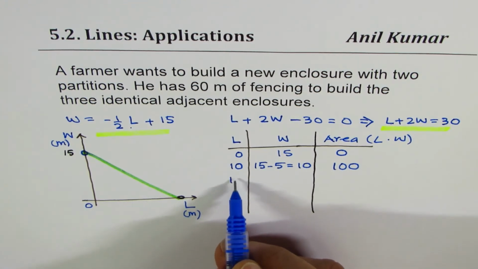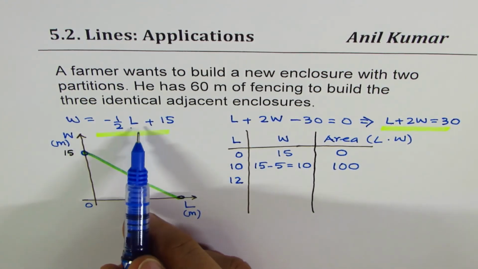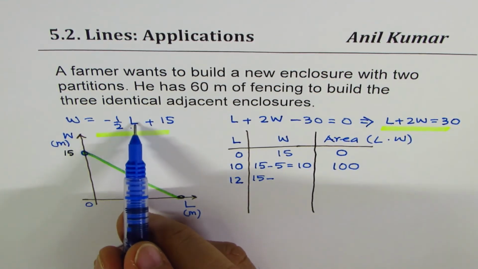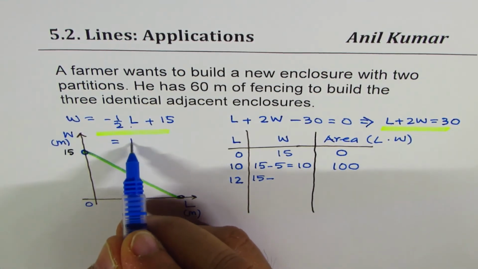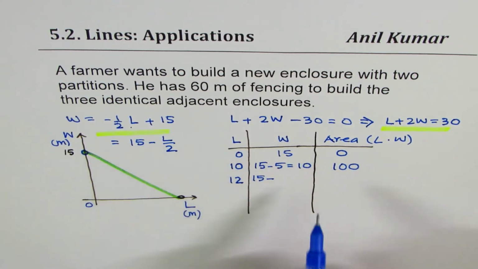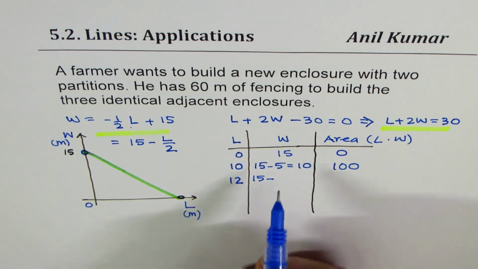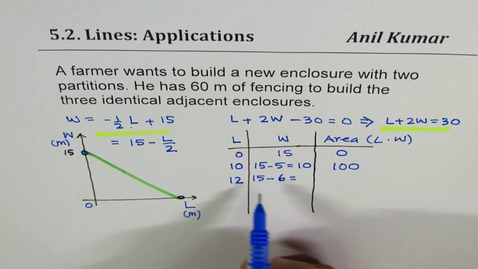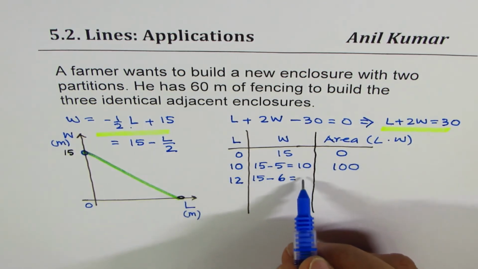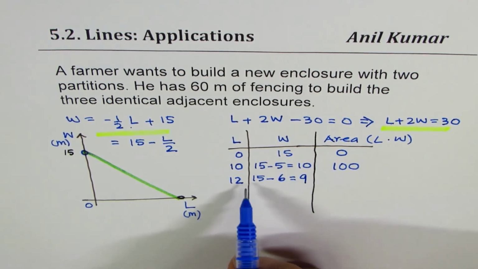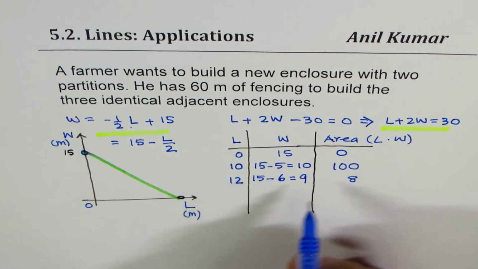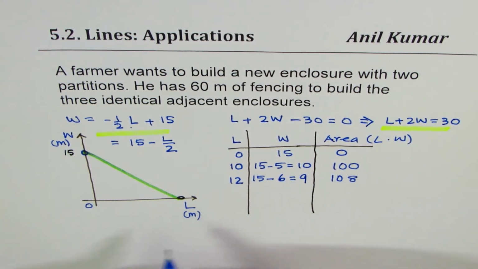If I take 12 as length, width will be 15 minus half of 12, right? This could be written as 15 minus half of length, which is 6. So if I take away 6 from 15, I will get 9 here. Multiplying these two, we get 108.